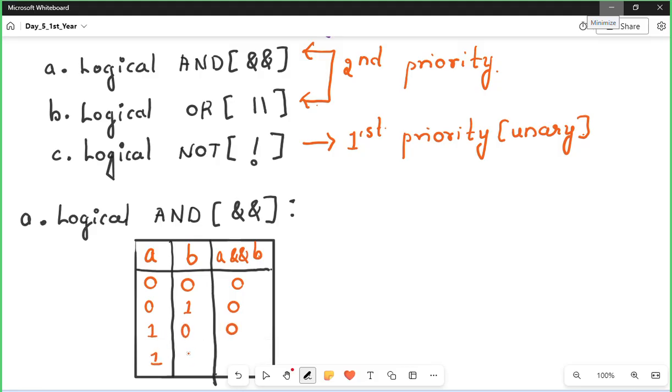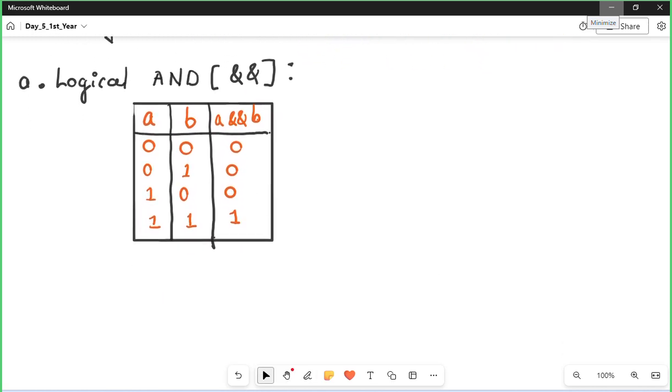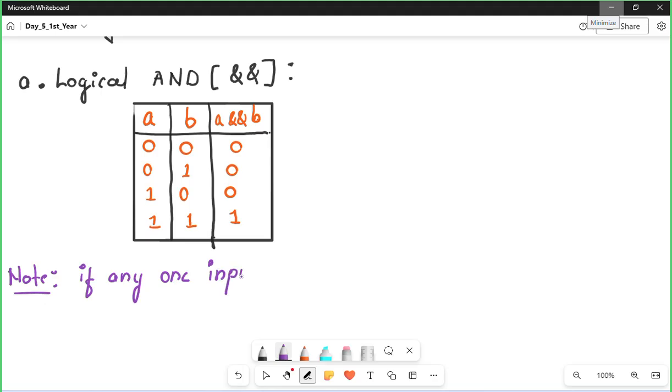Only when both inputs are 1, the output is true. If any one input is 0, then the result becomes false.